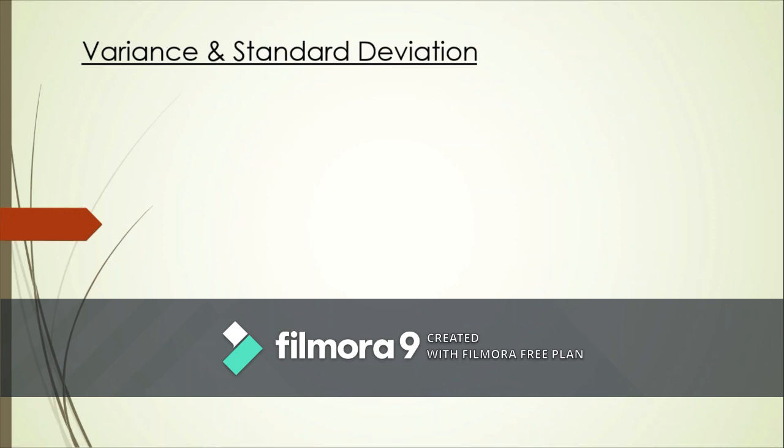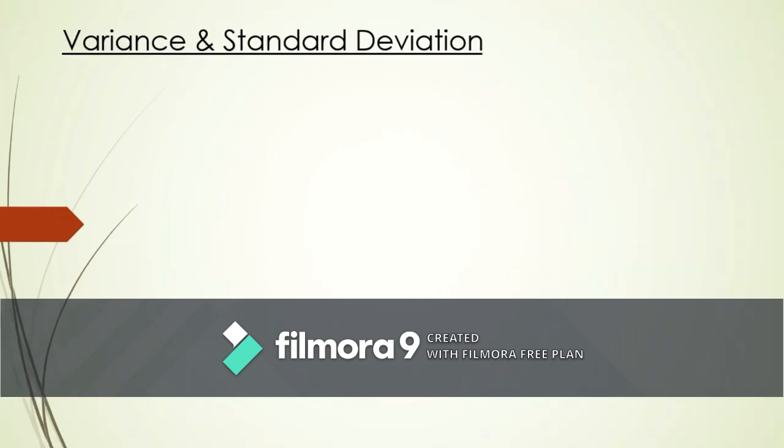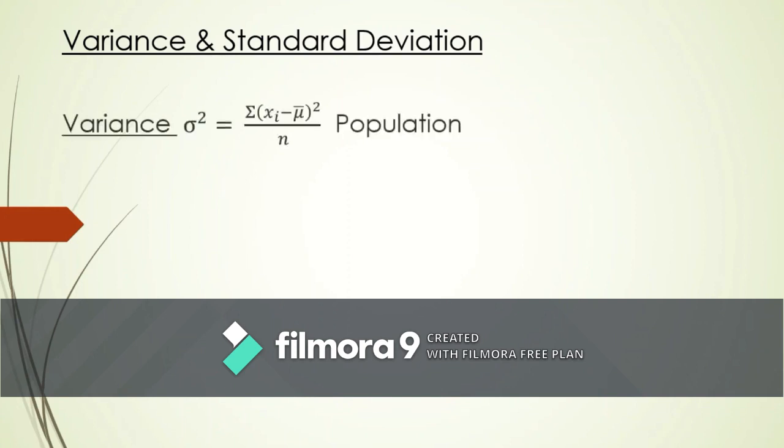Let us look on to variance and standard deviation. So, for variance, there is no way you can find standard deviation without finding variance. So, variance is denoted as sigma squared is equals to the summation of all deviations from the mean squared over n for population.